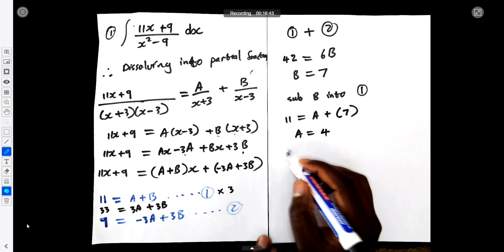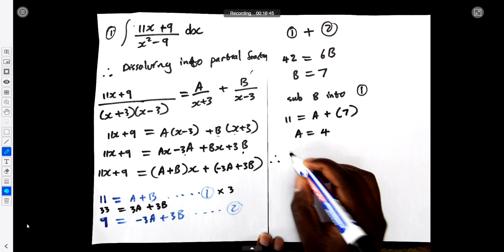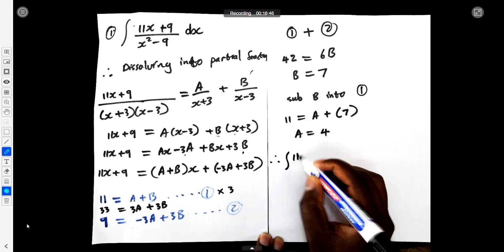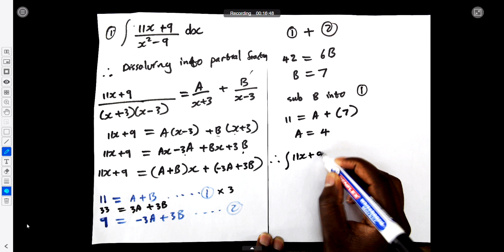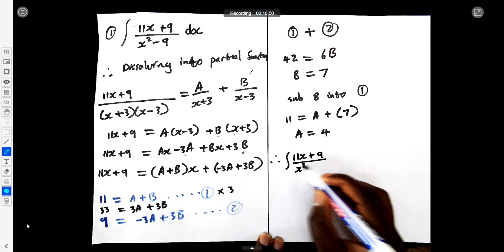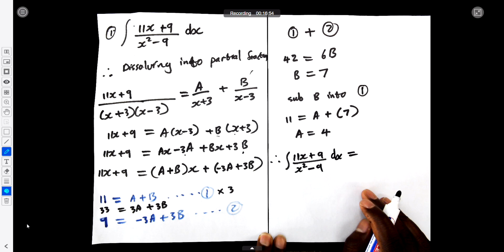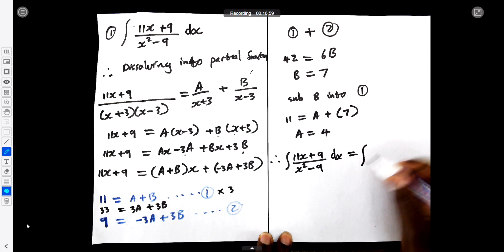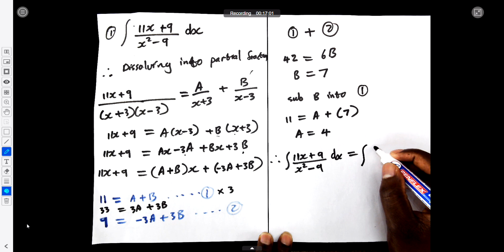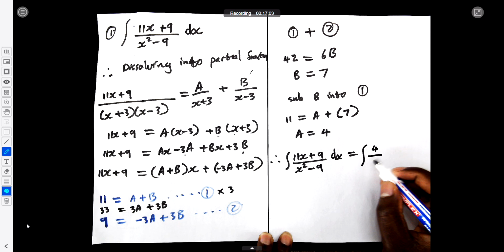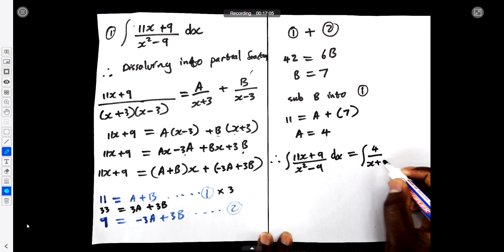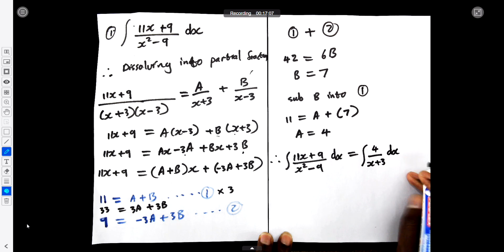So what we're going to do, we're going to state that if we have dissolved the integral of 11x plus 9 over x squared minus 9 dx into partial fractions, when we want to integrate, we're going to integrate a, which we said is 4, all divided by x plus 3 dx.